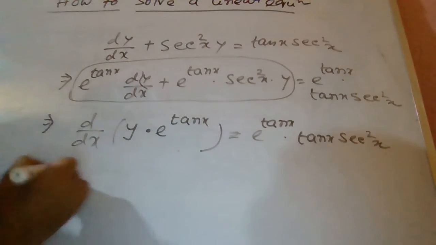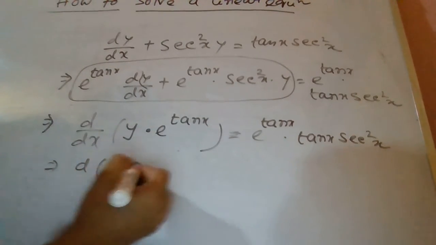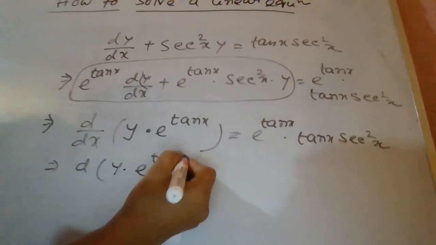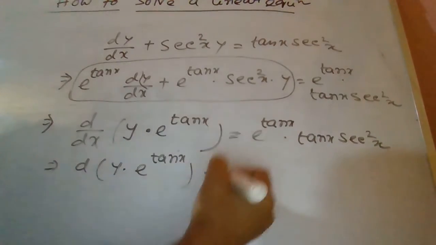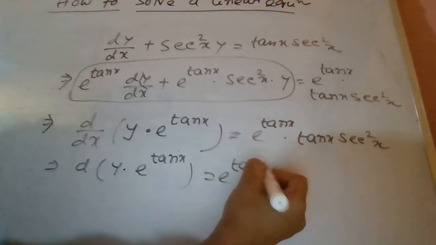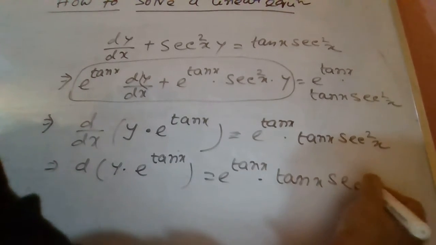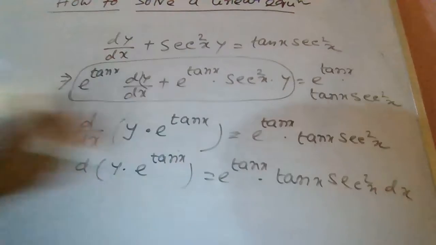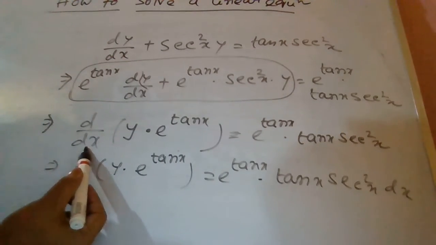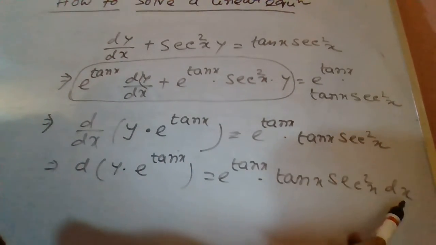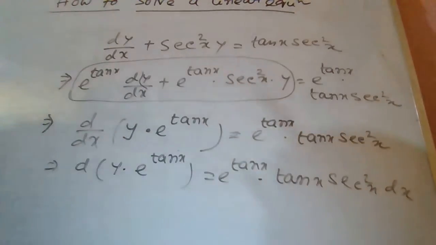Okay, now d of y into e to the power tan x equal to e to the power tan x into sec square x dx. That means we multiply this dx term to this side. Okay, now we integrate both sides.